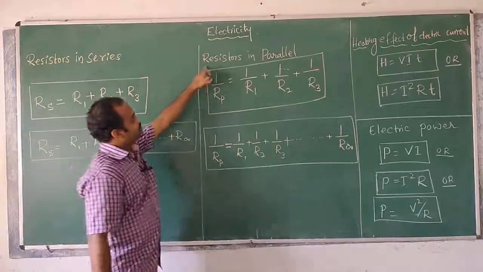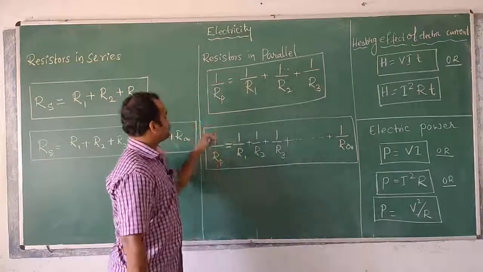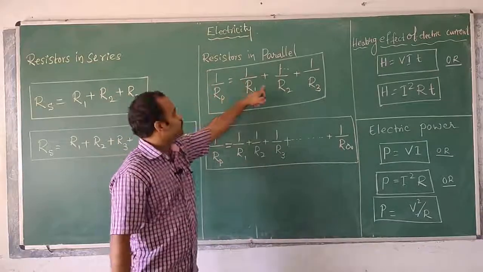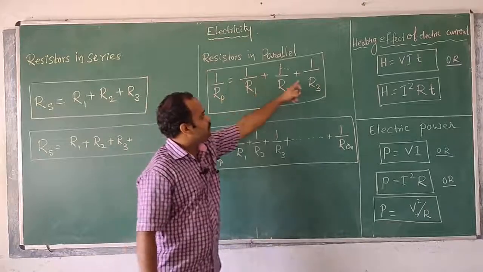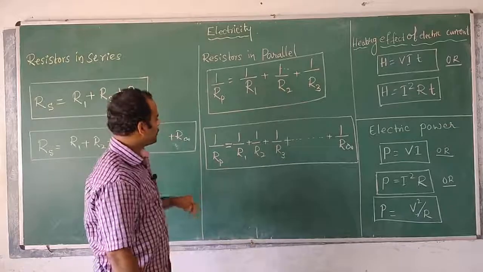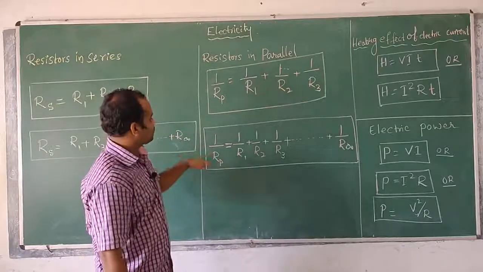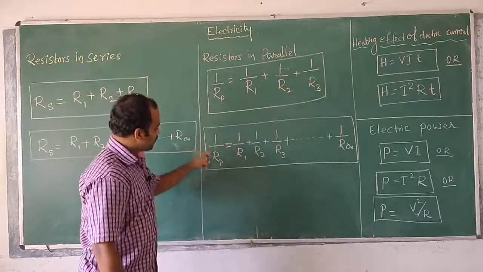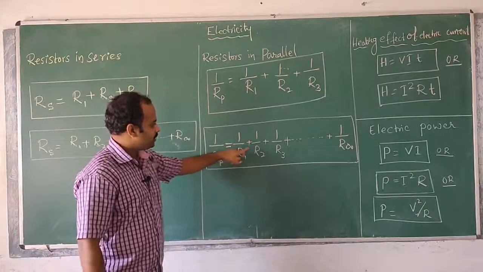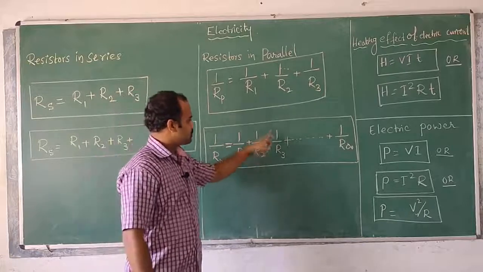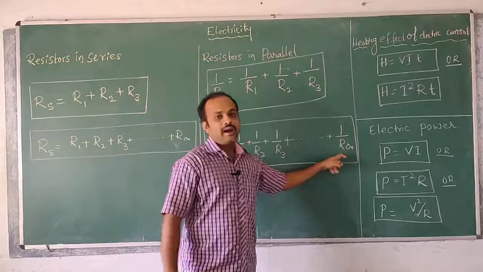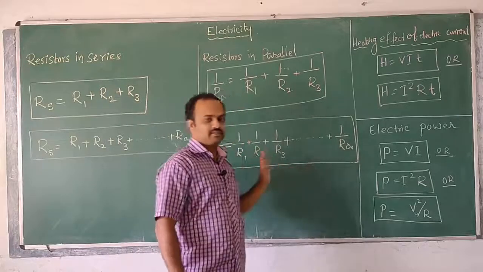Similarly, for resistors in parallel, 1 divided by Rp is equal to 1 divided by R1 plus 1 divided by R2 plus 1 divided by R3, and so on up to infinity if infinite resistors are given.